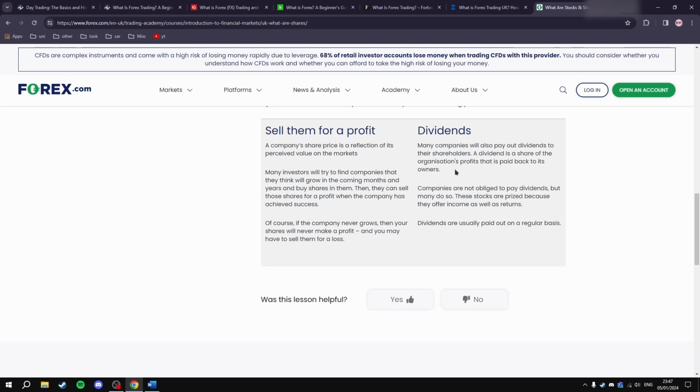Companies are not obliged to pay dividends, but many do so. These stocks are prized because they offer income as well as returns. Dividends are usually paid out on a regular basis.